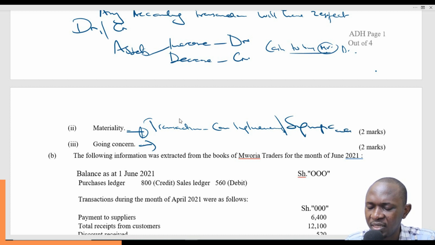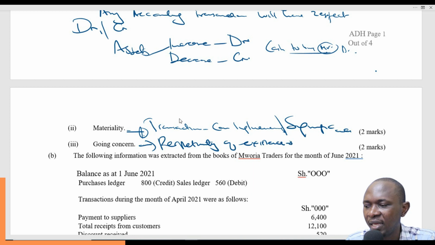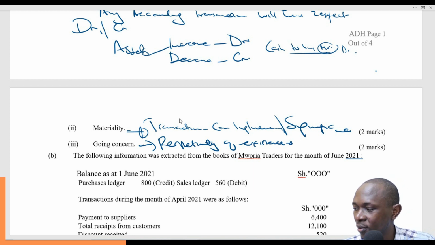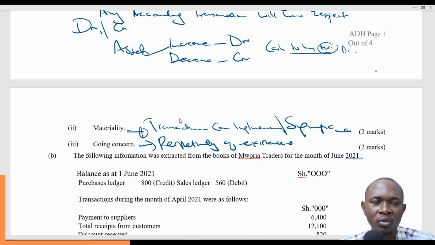Going concern is about the perpetuity of existence. The assumption is that when we are preparing the books of account, we assume that the organization will be in perpetual existence. It's not going to stop production or its activities anytime soon.